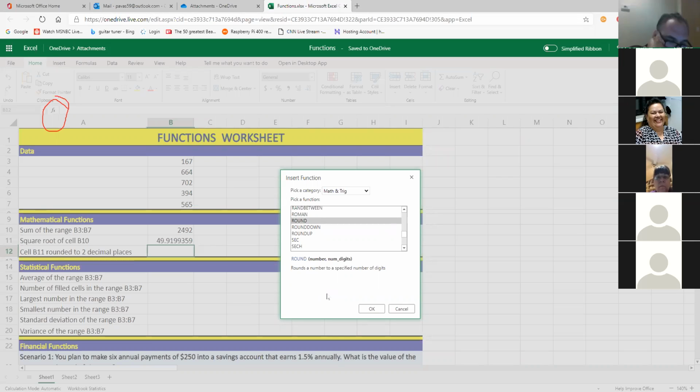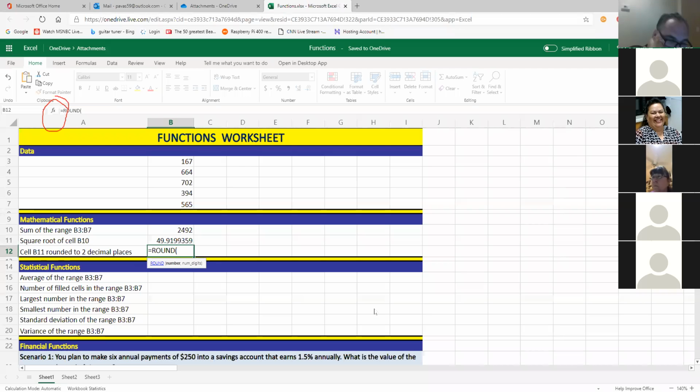They want us to do 2 decimal places. So look at how we do this. I'm gonna click OK. And then we put the number of digits. How many number of digits we need? First of all, the number here is this number. So it's gonna be B11, comma, and then how many spaces we want? 2 spaces, 2 decimal places. So I'm just gonna put the number 2, and then close the parentheses and press enter.